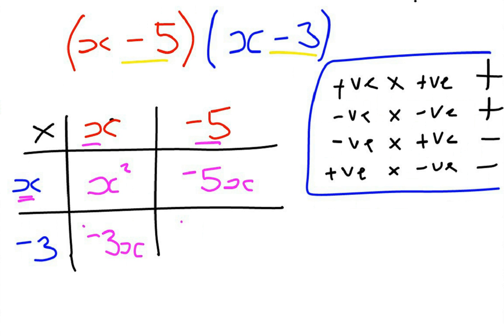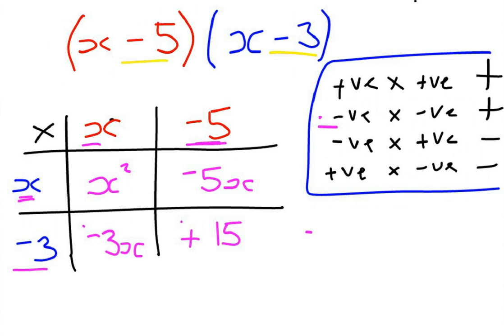And in this box here, this is where we need to be careful. We are doing minus 5 times minus 3. Remember that when we multiply two negatives together, we get a positive. So minus 3 times minus 5 gives us positive 15.